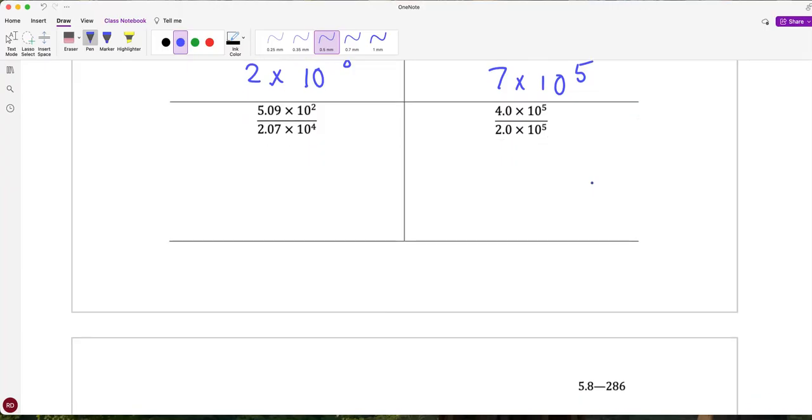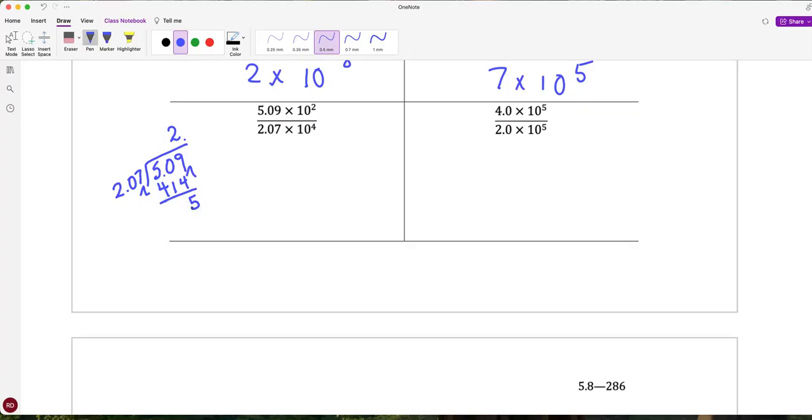5.09 divided by 2.07. So let's do this operation. 2.07 into 5.09. Move the decimal. So 207 goes into 509. I think it will go into there 2 times. And that's going to give me 414.